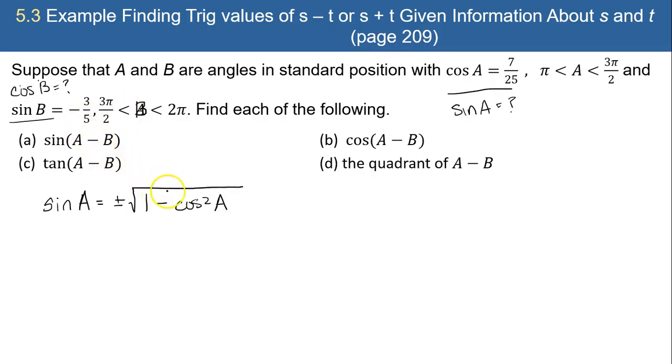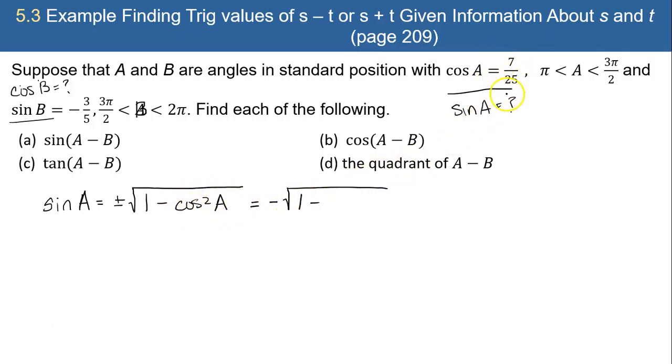So now let's look at this. First, I'm going to start out with the sign, plus or minus. Well, since we are in quadrant 3, your sign is going to be negative.